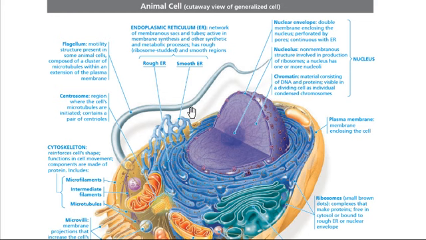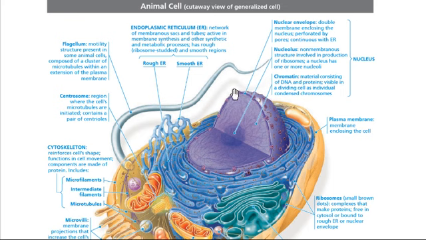Endoplasmic reticulum is of course divided into two types: rough endoplasmic reticulum, which is supplied with ribosomes, and smooth endoplasmic reticulum, which doesn't have ribosomes and has characteristic functions.